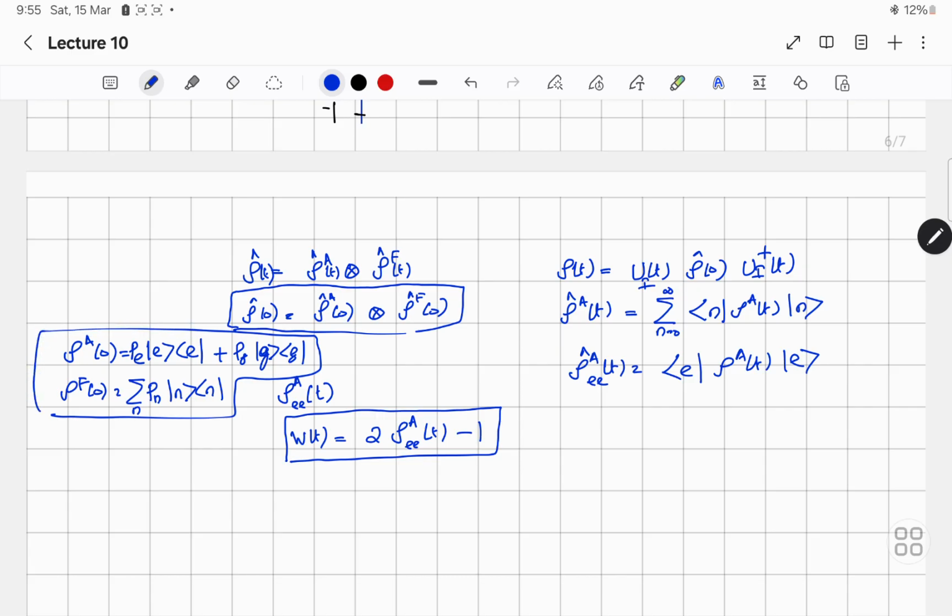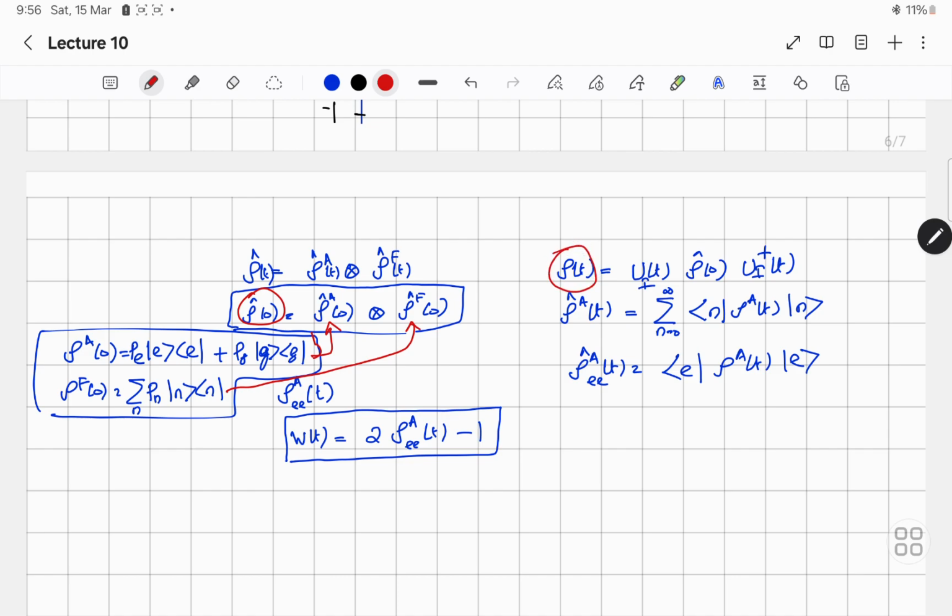So from this you can calculate rho(0). From these two, just substitute them here and here, and I can find the matrix form of rho(0), and from the matrix form of rho(0) I can calculate my rho(t).